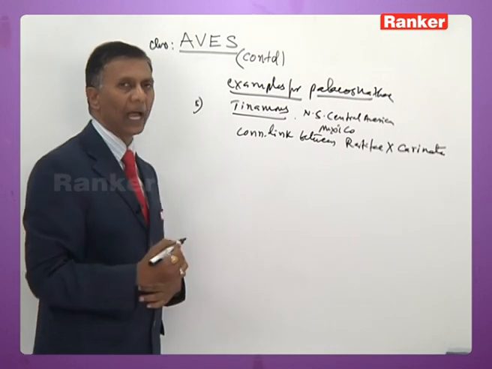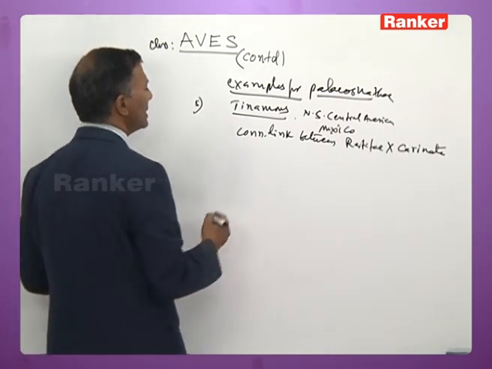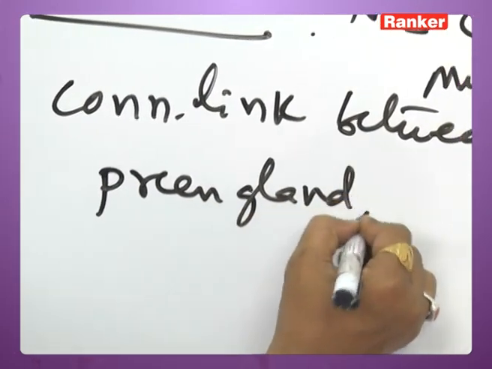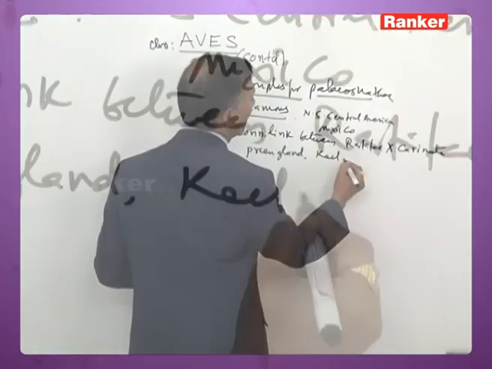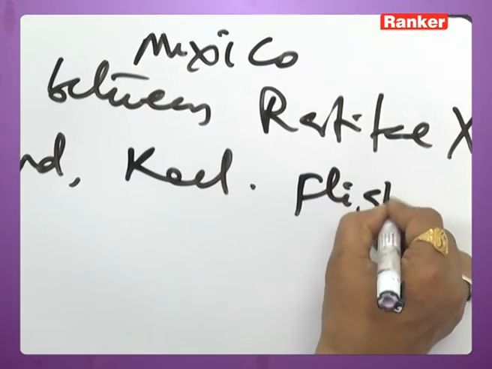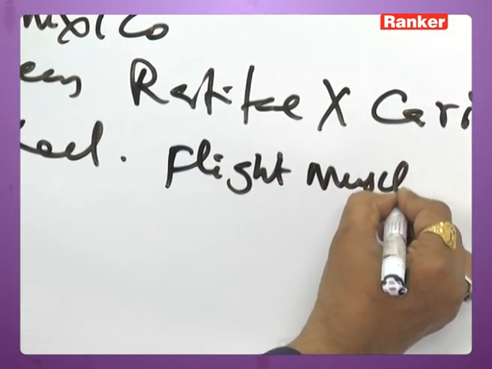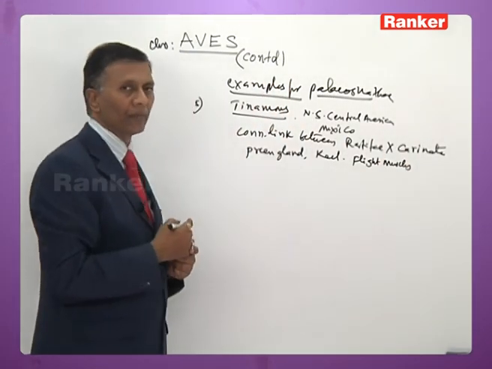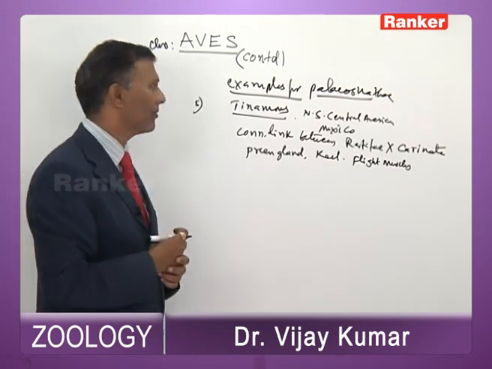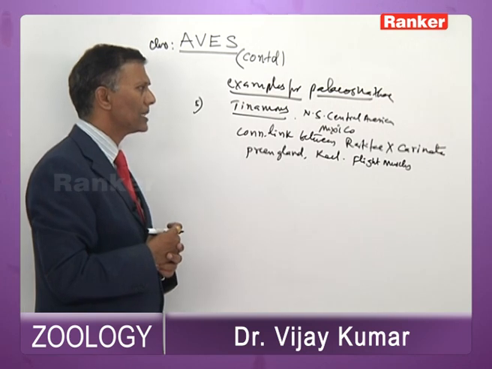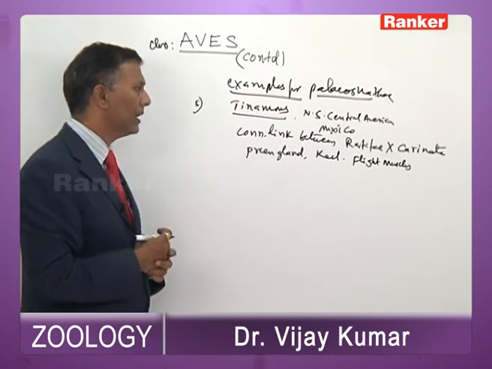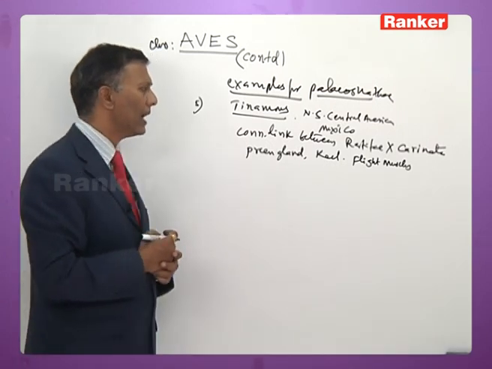The flight characters are presence of preen gland, presence of keel, and presence of flight muscles. All the other characters are flightless characters.